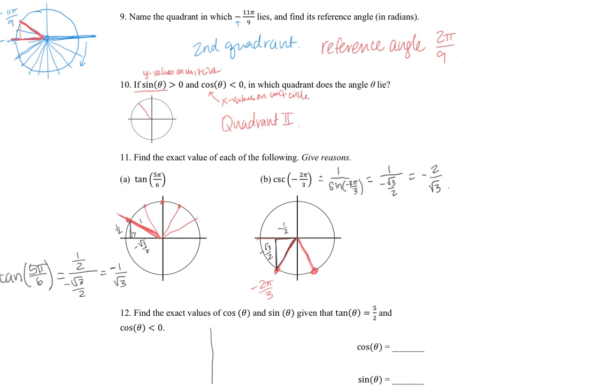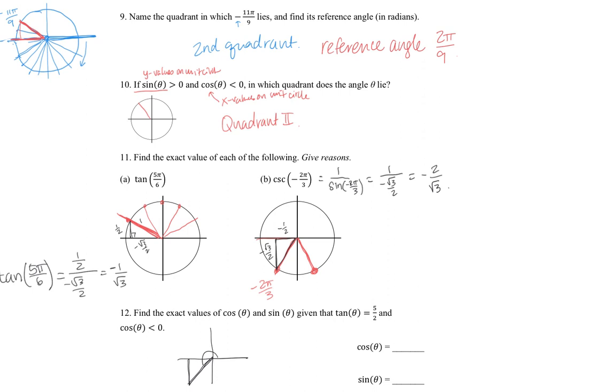So what that means is that I am down in quadrant 3 because cosine deals with the x coordinate, and then tangent being positive means that sine and cosine have the same signs. So sine and cosine are both negative, so that will be down here in this quadrant. Okay, and so I've got some angle down here in this quadrant. That's where my theta is.